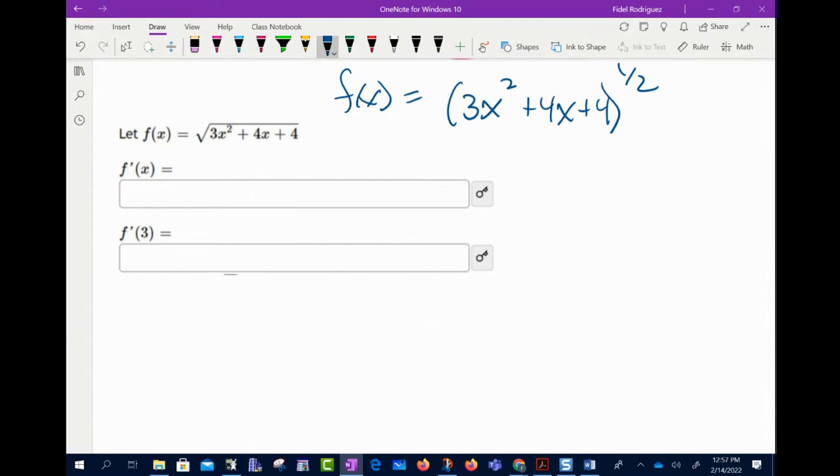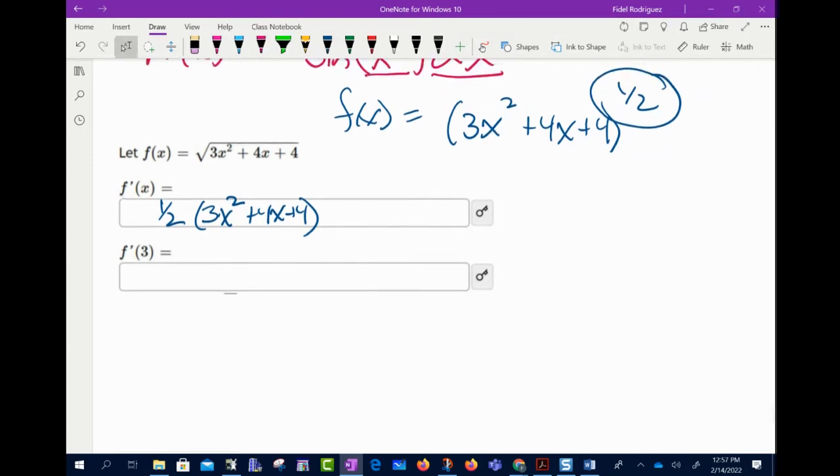Okay? So y'all, we're going to find the derivative. We're going to find f prime of x. Remember, we bring the power down to the front, so that's a 1/2. And then we're going to rewrite this as 3x squared plus 4x plus 4. What do we do with our exponent? We subtract, so we brought the 1/2 down to the front, right?